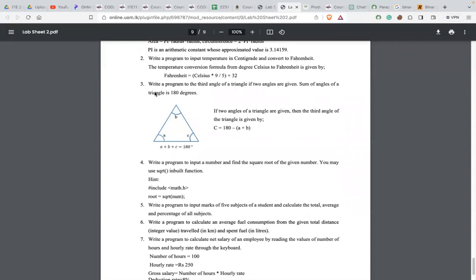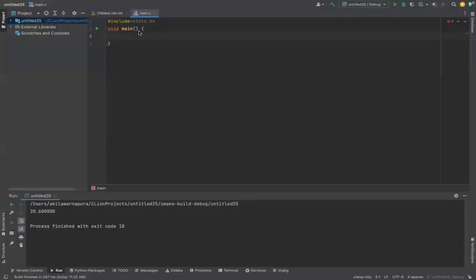Okay, now if we do question number 3, it asks: write a program to find the third angle of a triangle if the other angles are given. The sum of the angles is 180 degrees. If two angles are given, you can calculate the third angle. How do you write the program? You can ask the user to enter the angles.